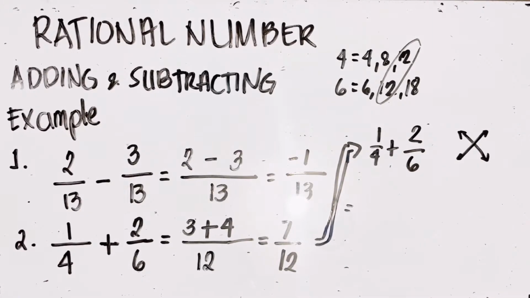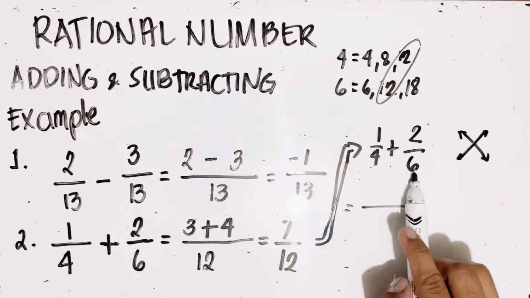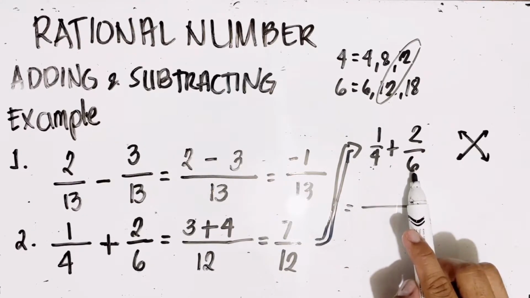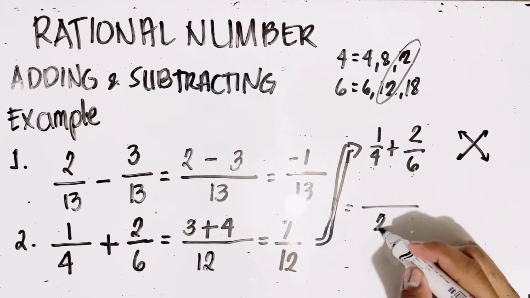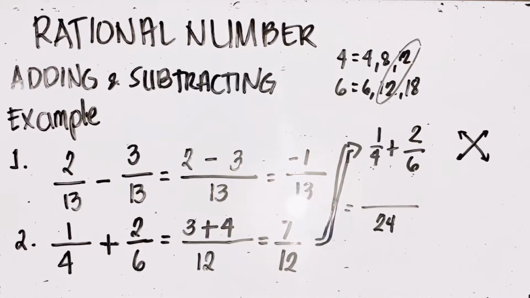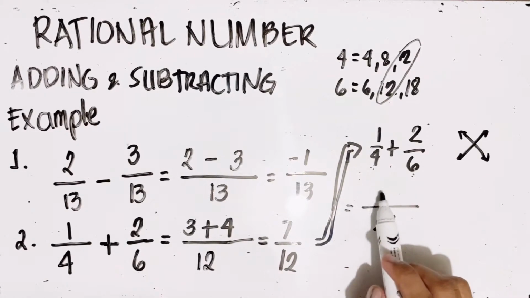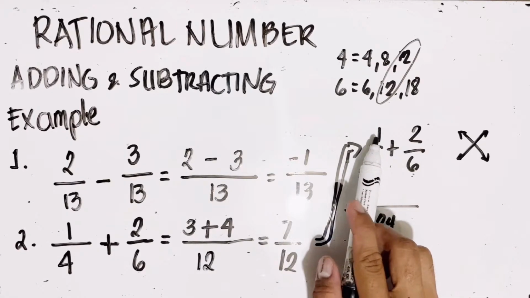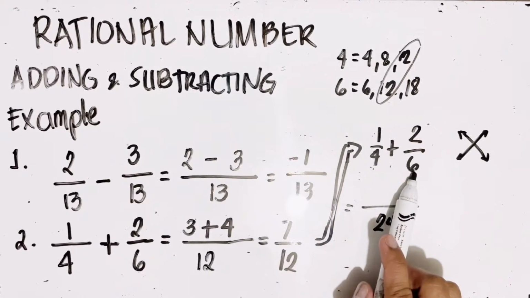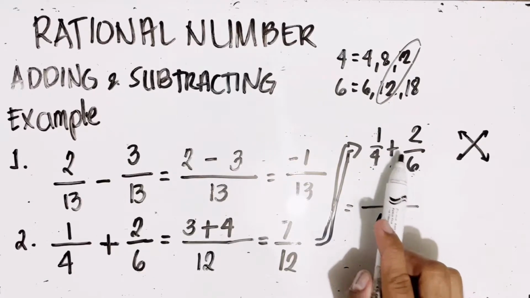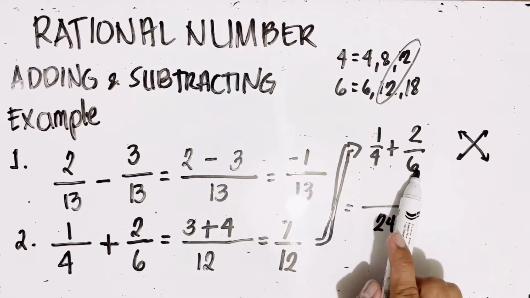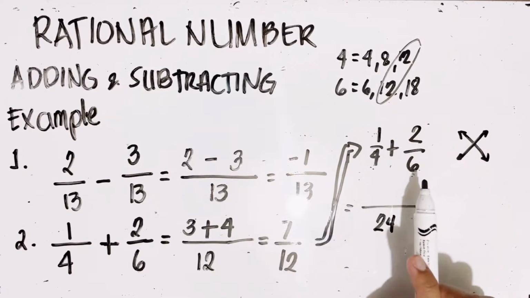So for the denominator, multiply the denominators. 4 times 6 is 24. For the new numerator of 1/4, you multiply 1 with 6. So that's cross multiplication with the other fraction.